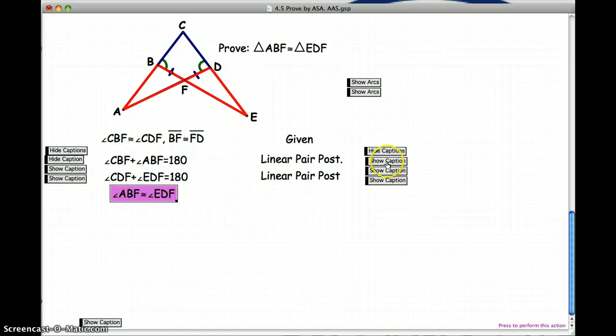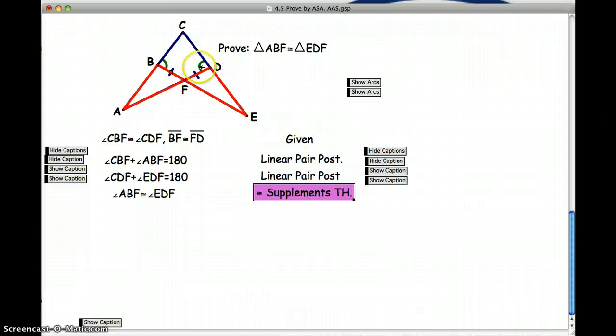And you can say it's congruent because of the congruent supplements theorem, which basically says that if two angles are supplementary to the same angle, then they are congruent. Okay, so these two angles are supplementary to the same angle, essentially this one or this one, that makes them congruent. So now I have angles B and D congruent, or ABF and EDF more appropriately.